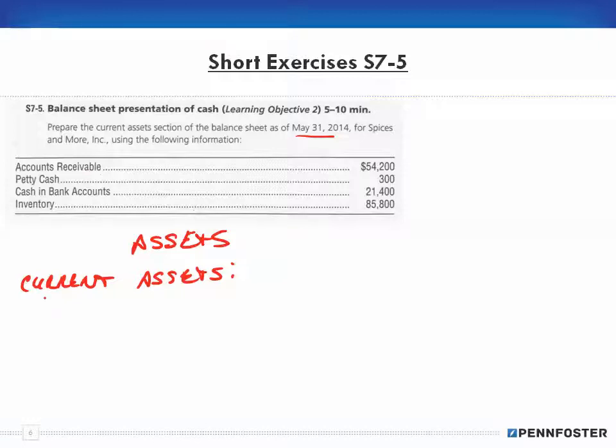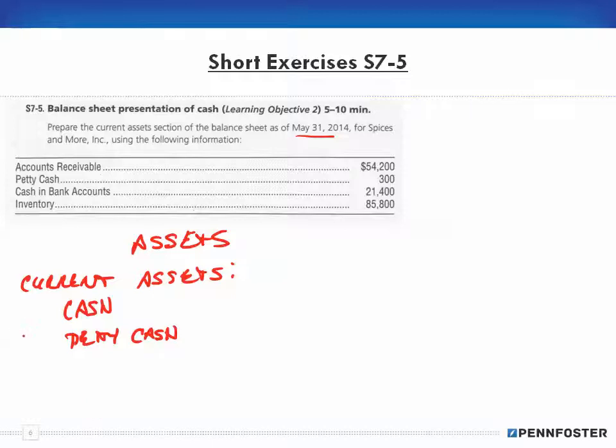Right. So what are we going to have under our current assets? Well, we're going to have a cash account. All right, I'm going to deviate from the solution, because generally you will have a petty cash account on your general ledger, right?